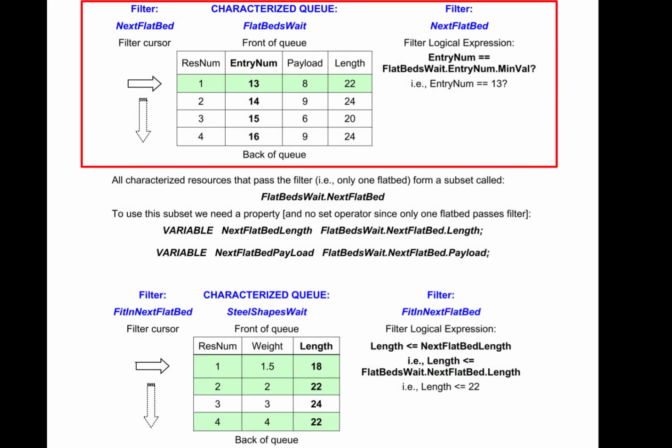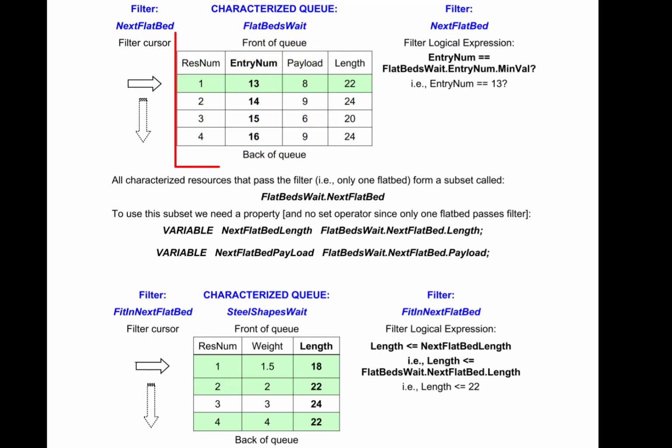The behavior of the filter next flatbed when applied to the Q flatbed's weight is illustrated in this figure. In the center, we have a table that represents the Q flatbed's weight, showing 4 resources, each of which has 4 properties: resnum, entry-num, payload, and length.